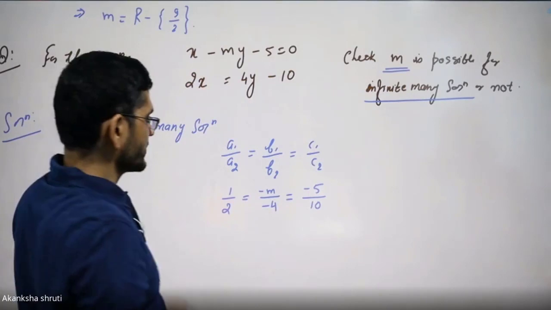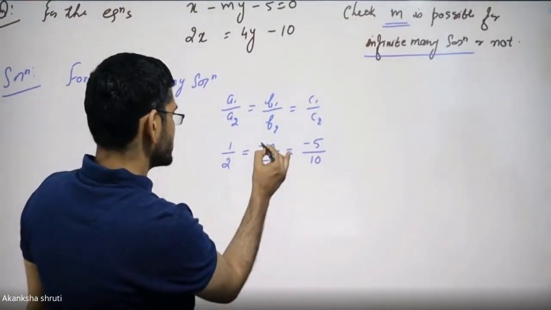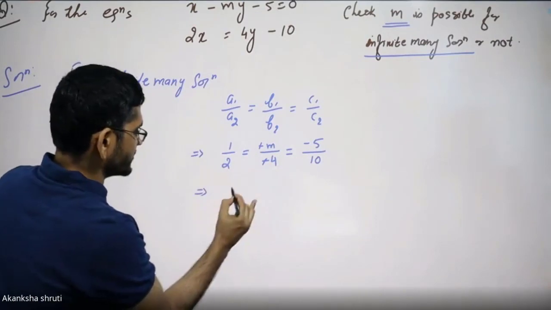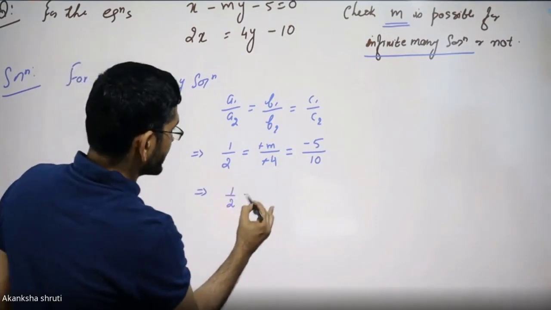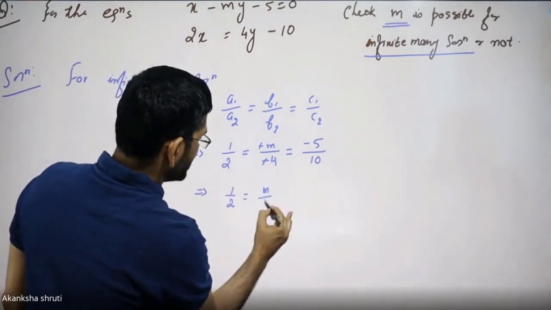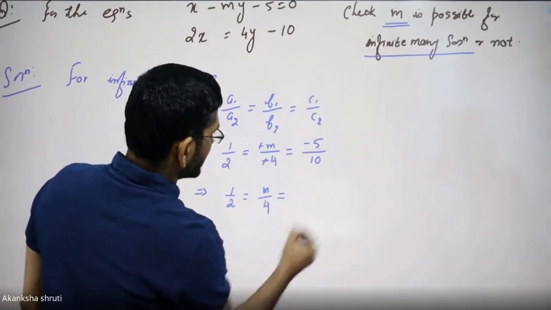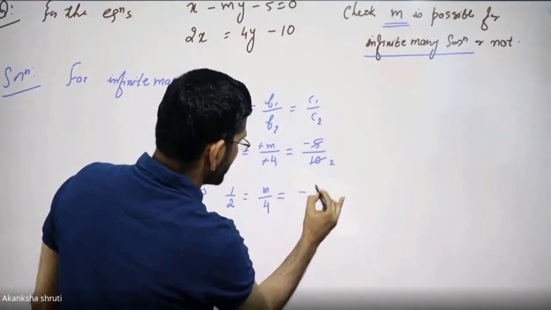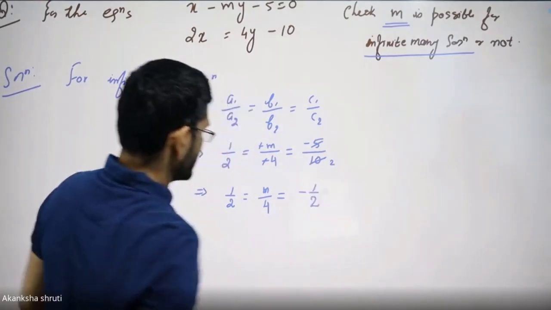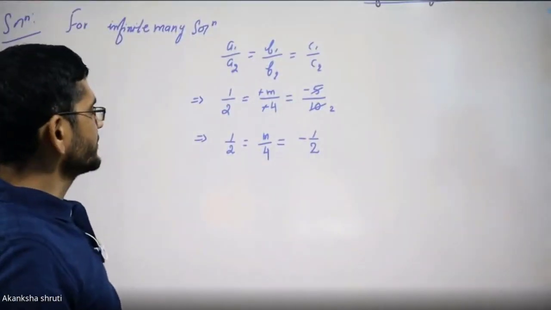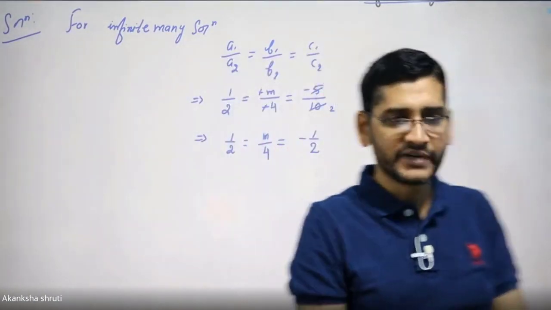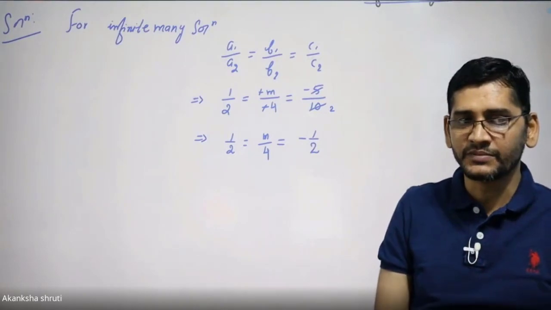Now student, this sign can be cancelled. Observe this very interesting thing: 1 by 2 is equal to m by 4 is equal to, cancelling this also by 5, but the sign cannot be removed, minus 1. Is it possible?